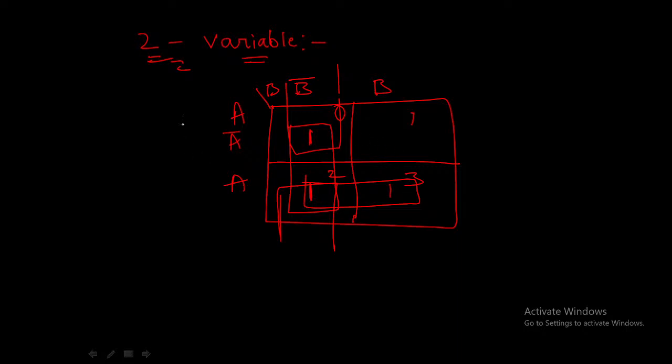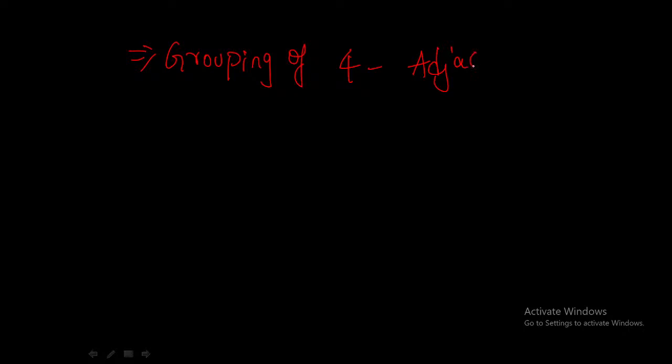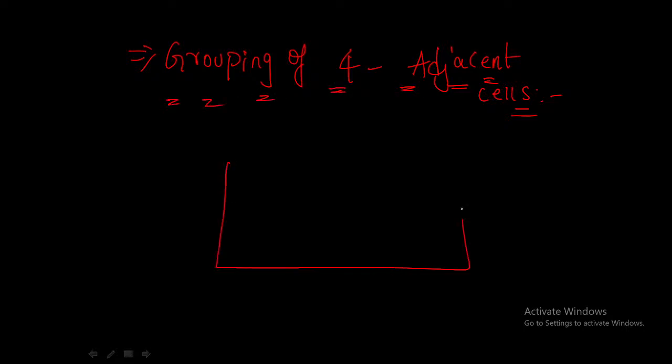Let's see grouping of 4 adjacent cells. What we have seen previously is grouping of 2 adjacent cells. Now let's see the grouping of 4 adjacent cells for a 2 variable K map. We will start with the 2 variable K map only initially.